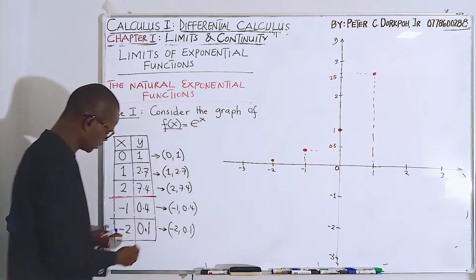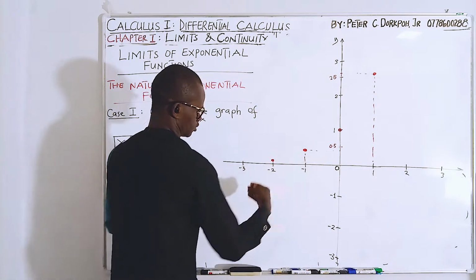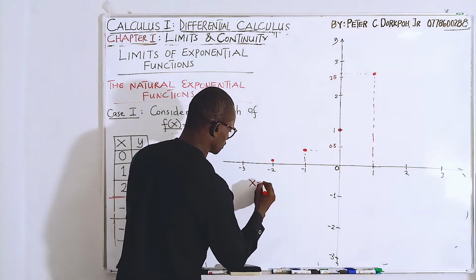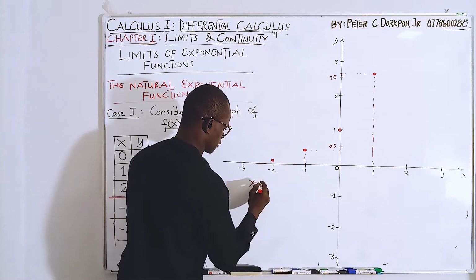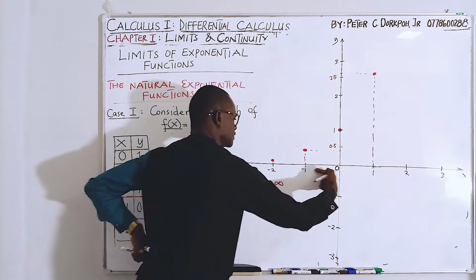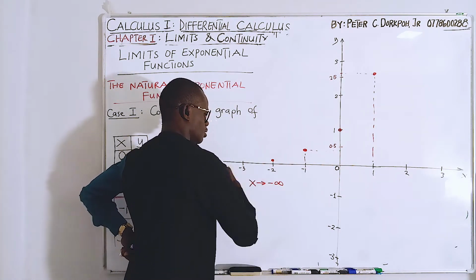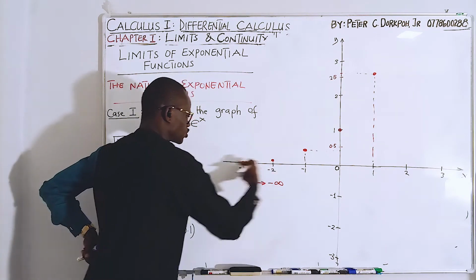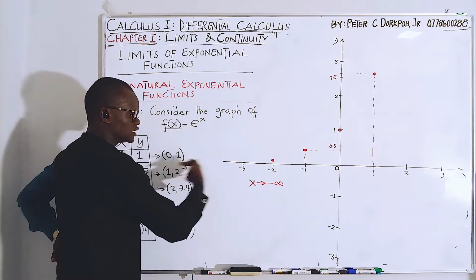As you continue in the negative direction, as x is approaching negative infinity, as x is taking on numbers in this direction, what happens to our function? Our function will be approaching 0.